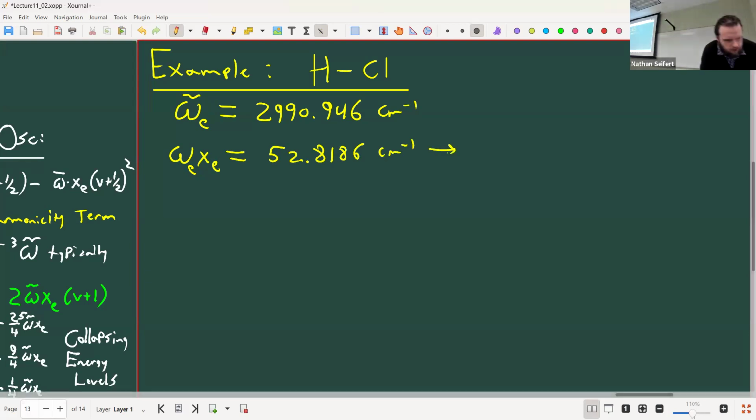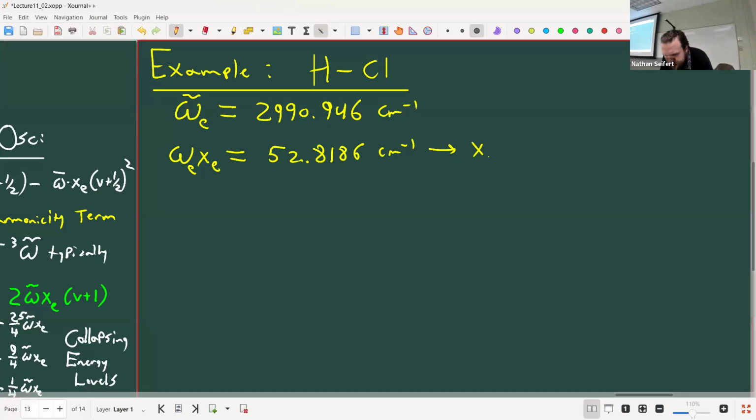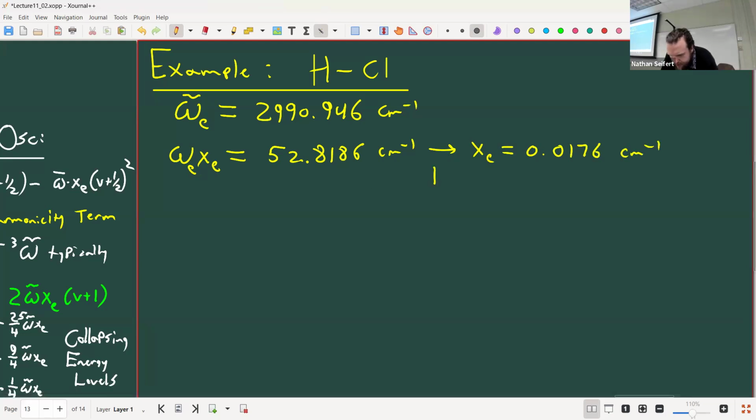Right, and just as a helpful calculation, just to show you the scale at which the system is harmonic, this means that X sub E, or the X constant, is 0.0176 wave numbers. Right, and if we calculate the fraction of omega XE over omega E, that's the relative size of the two.